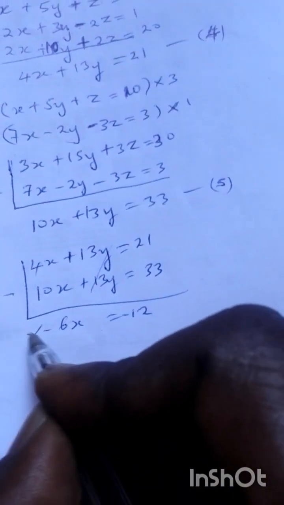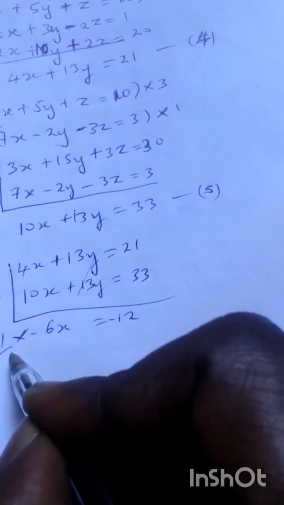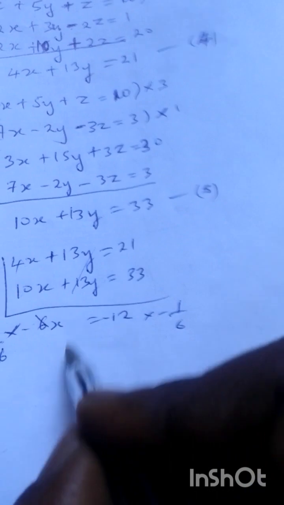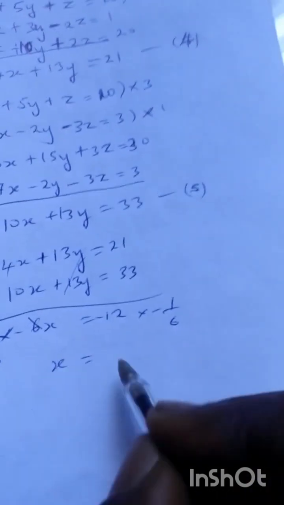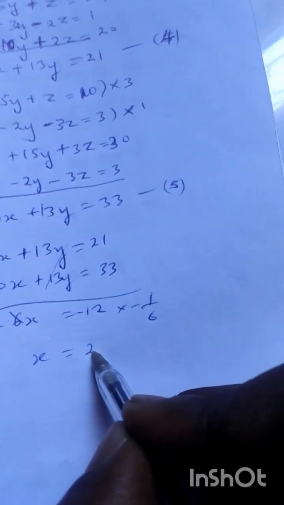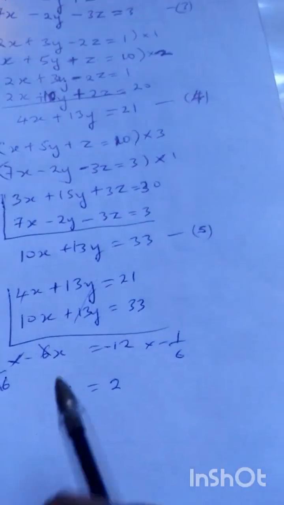If we divide both sides by negative 6, the negative and negative become a positive, so this is going to be a positive x. 6 divides into 12 and gives us 2. So our x is 2. Up next, we're going to substitute the 2 into one of the equations, equation 4 or equation 5. In my case, I'm going to choose equation 4.